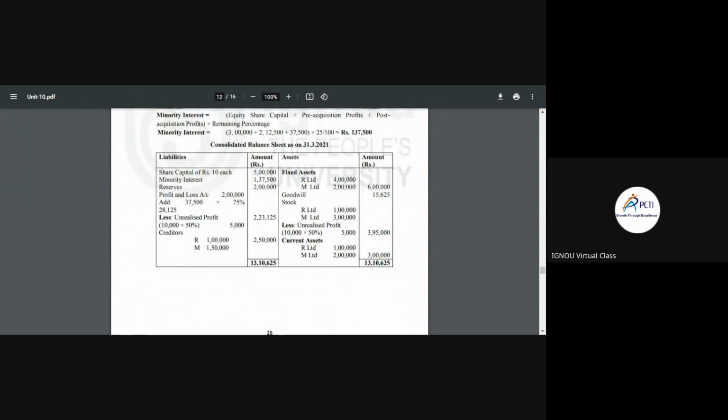And in this way we will make our balance sheet as per the calculation. You can see that there is an unrealized profit on both sides, which we deduct from the P&L account, that will be 10,000 multiplied by 50% of the total amount.